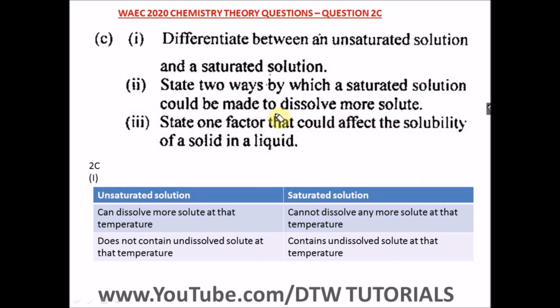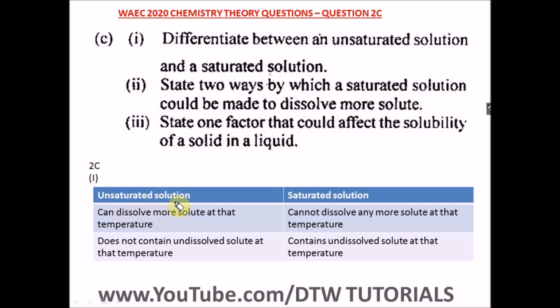Question 2C, differentiate between an unsaturated solution and a saturated solution. II says state two ways by which a saturated solution can be made to dissolve more solutes. III says state one factor that could affect the solubility of a solid in a liquid.